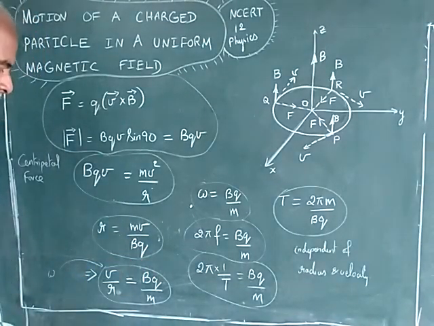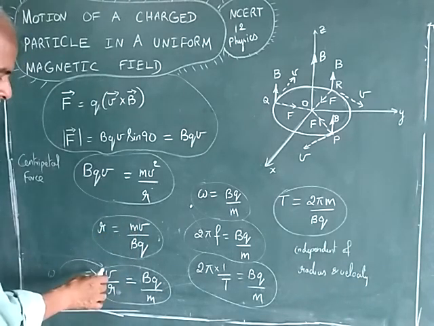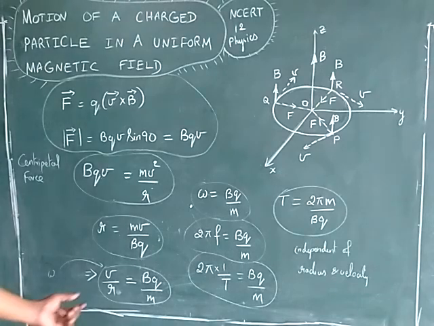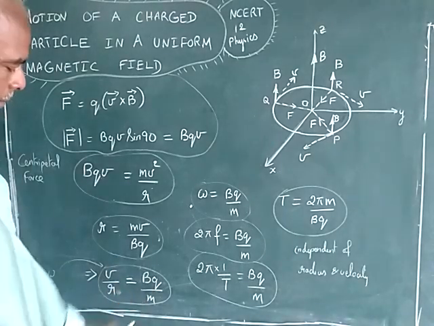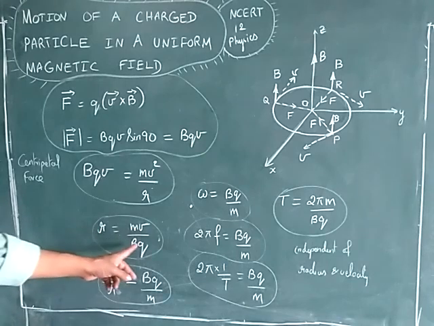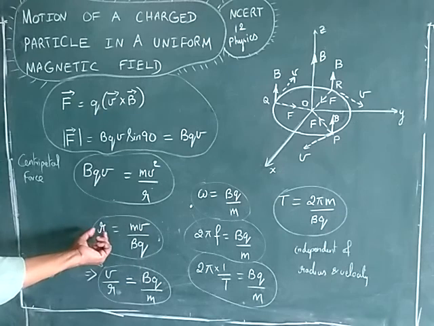Now you have r; consider V by r. You bring r this side, bring Bq this side and m this side.